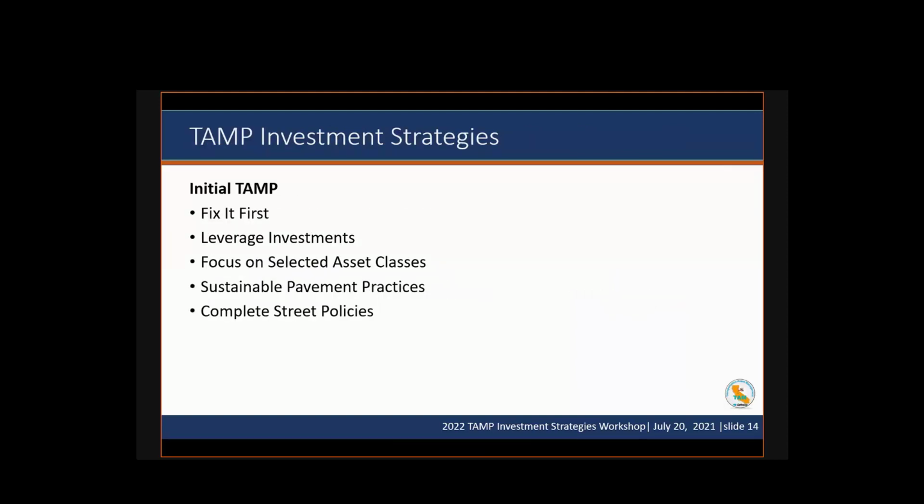So in our initial TAMP, we had some investment strategies, and I mean, these are words. I think it'll become more obvious when we start getting into the specifics. But the kinds of things that we talk about as strategies are things like, we want to fix it first. We don't want to expand the transportation system beyond what is sustainable for us to maintain.